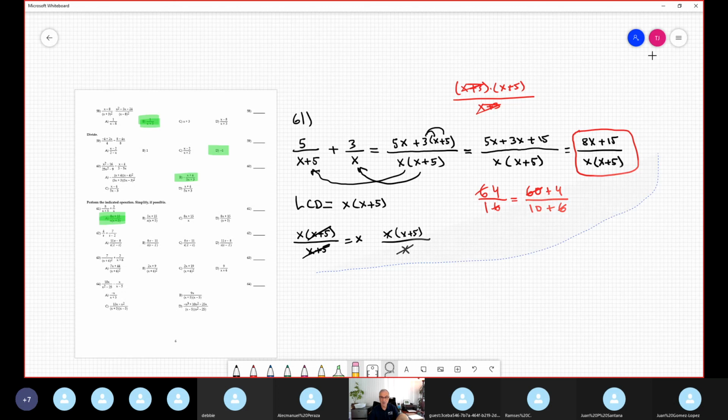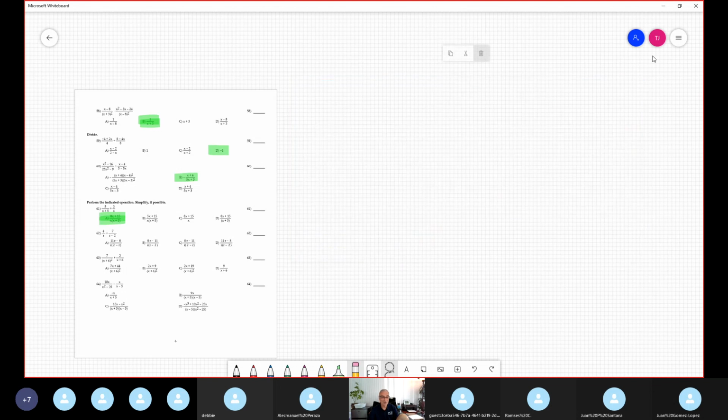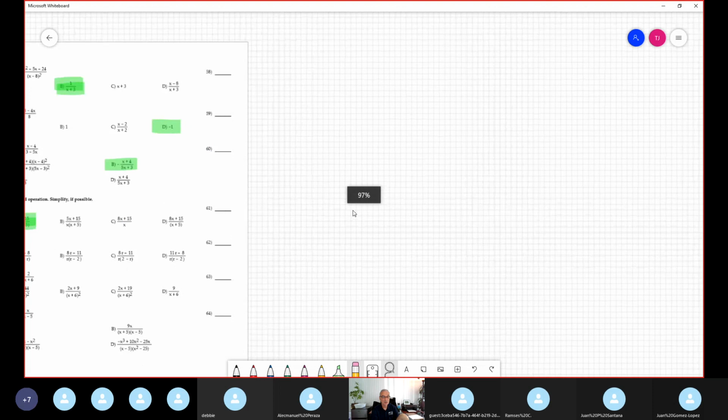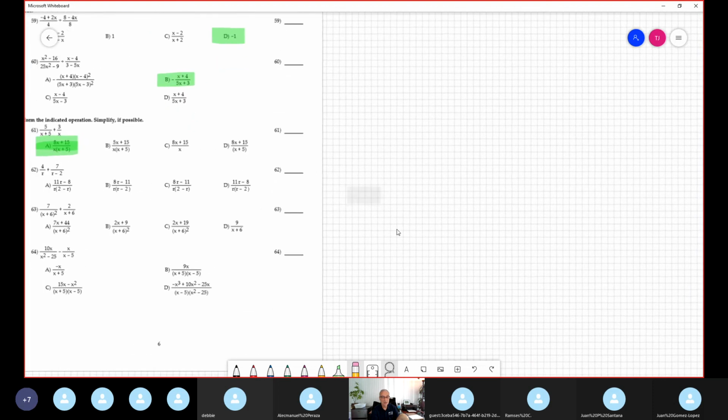Let's practice. Two steps: the least common denominator is the first step, and the second step is to express both fractions, or three fractions, as equivalent fractions using the same denominator.